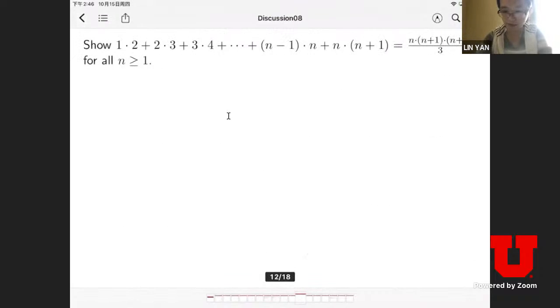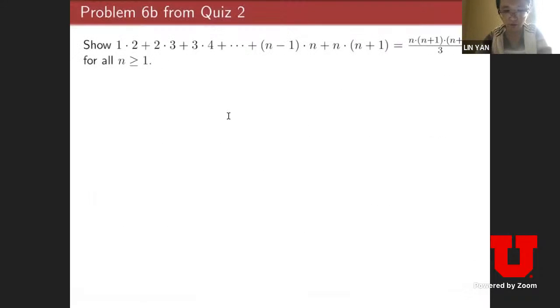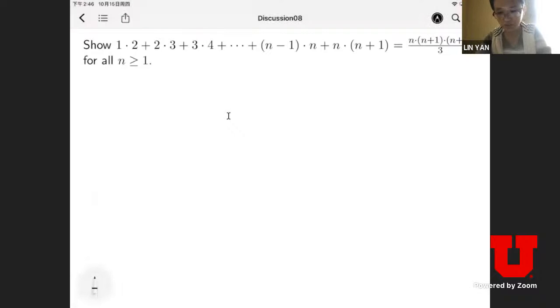Okay, let's go to the next question. This is problem 6b from quiz 2, and we need to prove it by induction. So firstly, we need to have the problem statement. We need to prove the left-hand side is equal to the right-hand side.